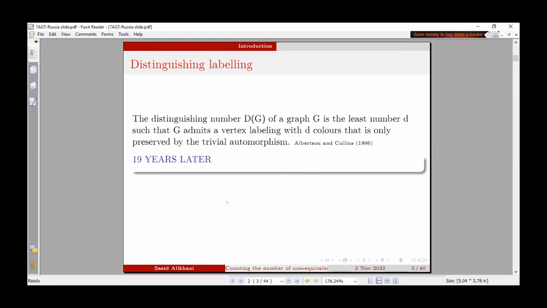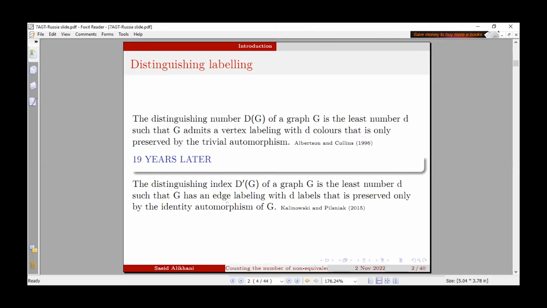Anyway, 19 years later, the distinguishing index, or the edge version of this coloring, denoted by D prime of G, is the least number D such that G has an edge labeling with D labels that is preserved only by the identity automorphism. This index was introduced by Monika Pilśniak and Rafał Kalinowski in Poland.